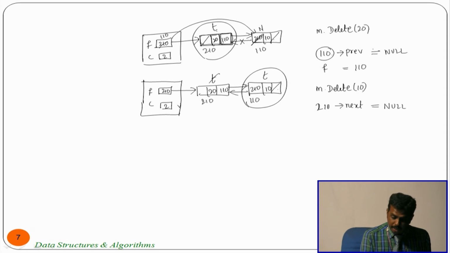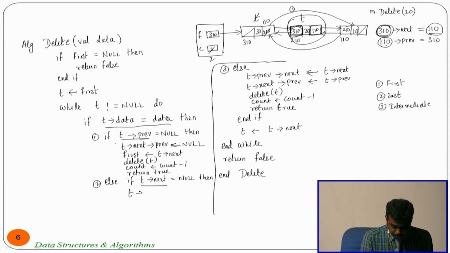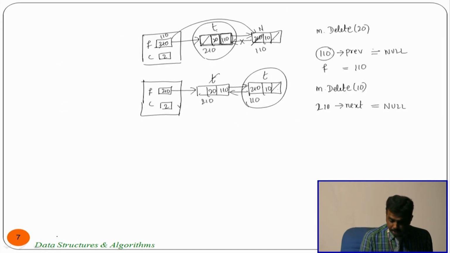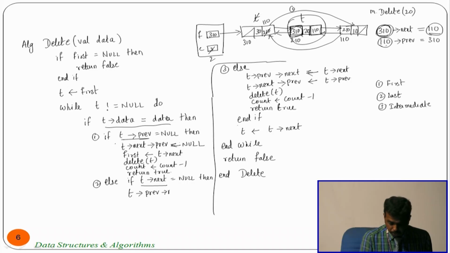So I only have to write T of previous, which is having the 210, whose next field equals null.